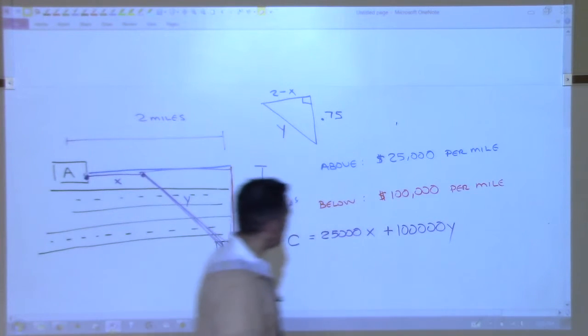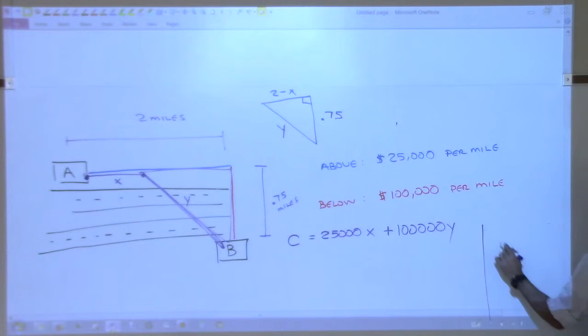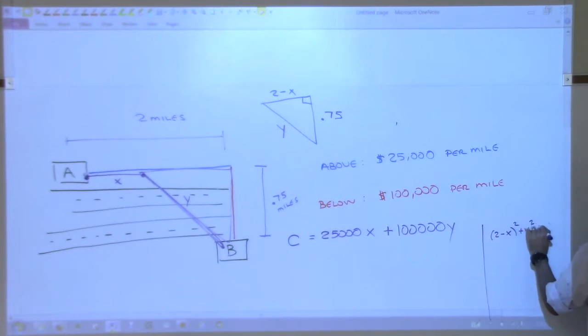Pythagorean, right? So I'm going to go over here, I'm running out of room. I know that (2 minus X) squared plus Y squared must equal 0.75 squared, right? Can you solve this for Y? Yes?